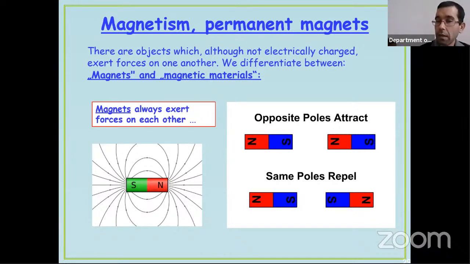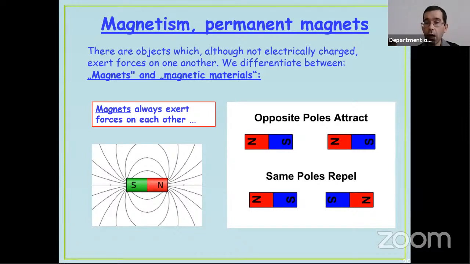Namely, while in case of electrostatics, we might have separate isolated charges, in case of magnetism, the two poles, which are the analogies of charges for magnetism, we cannot separate. So there are no monopoles.